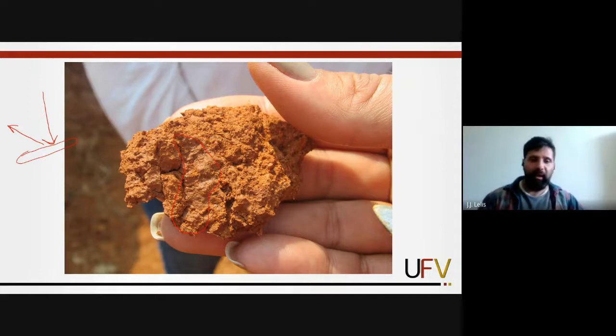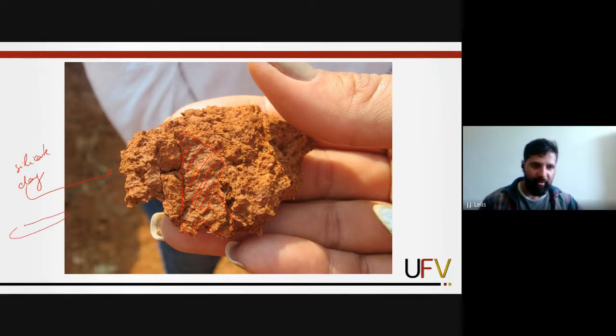So when I have clay migration, I can see this kind of shiny surface because clay, silicate clay, okay, clay minerals, they create this shiny surface because they have a platy shape, okay?